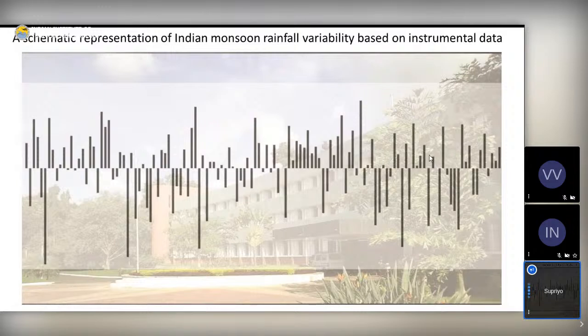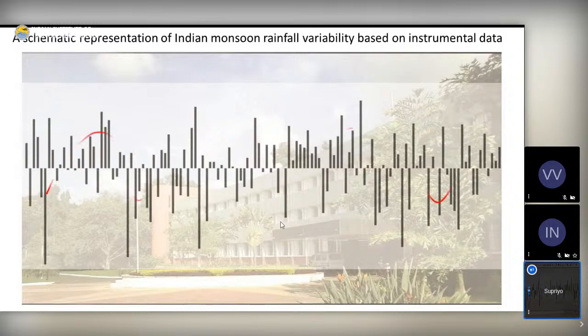What is seen here is that the rainfall experiences above normal rainfall, and sometimes below normal rainfall, which is represented by these plots.